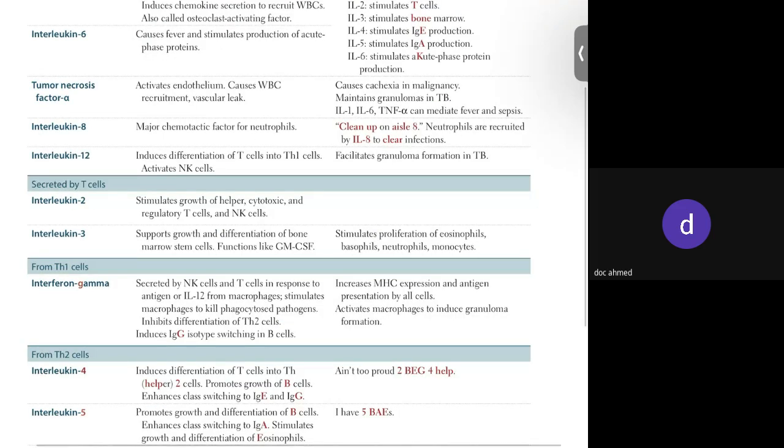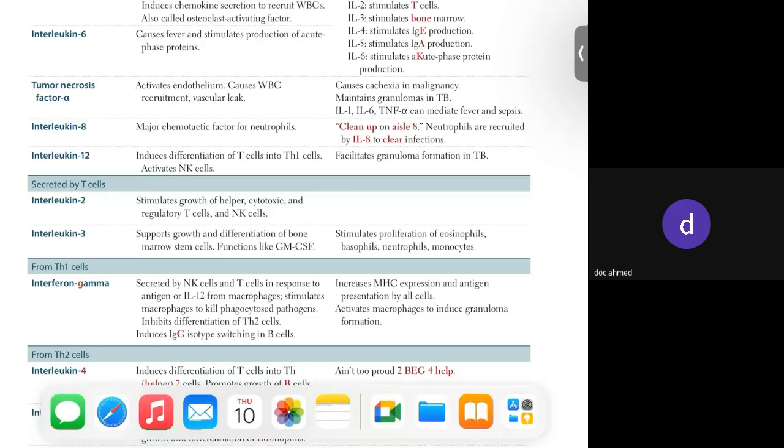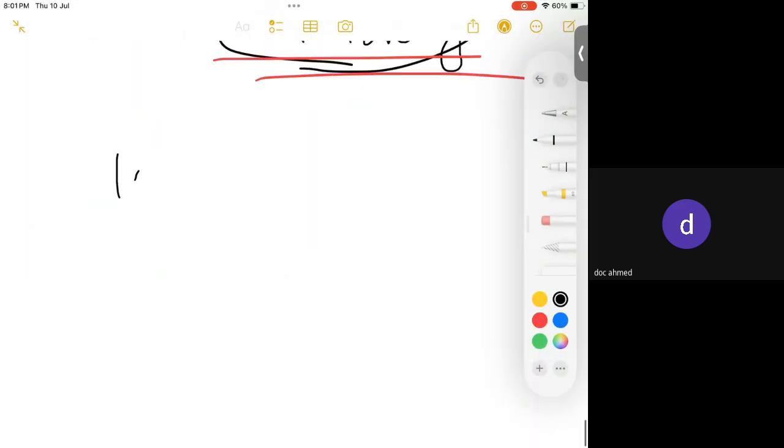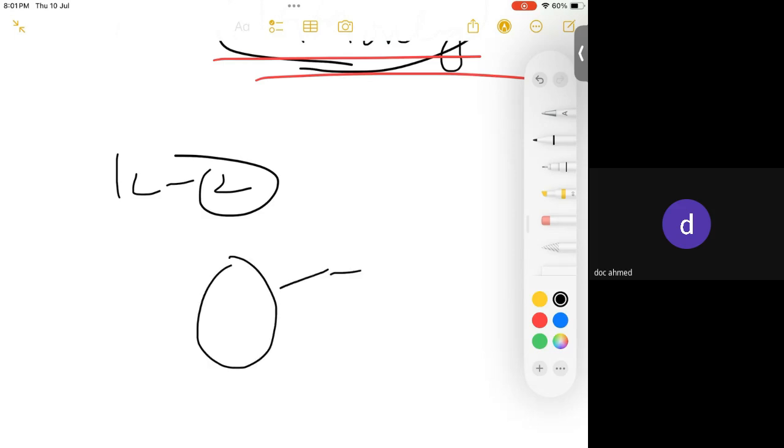The T cells are going to release something called interleukin 2. So let's discuss what interleukin 2 is important for. Remember, interleukin 2 causes growth of a lot of things, right? Interleukin 2 would lead to the growth of T cells as well, because T cells have the T cell receptor, we know that, right?